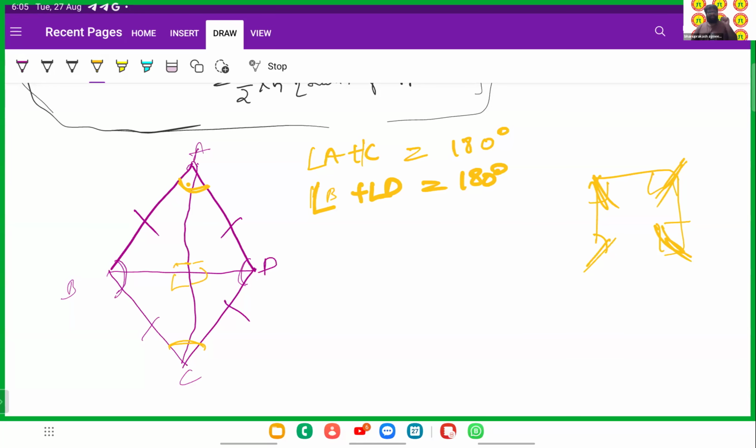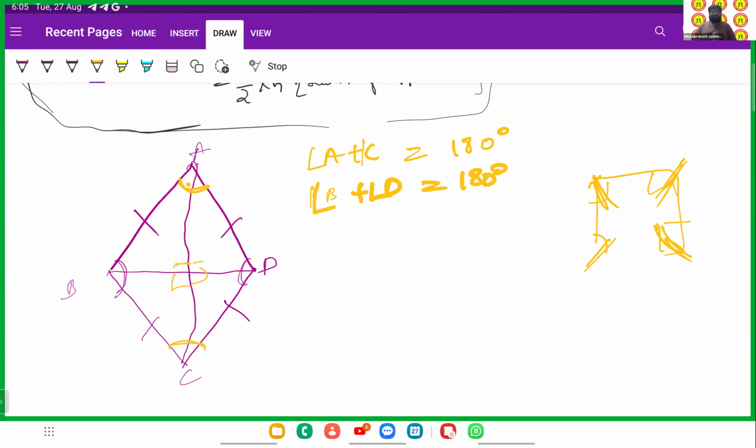or simply you can say this: a four-sided shape where opposite angles are supplementary, four sides are equal, and diagonals perpendicularly bisect each other, then it is called a rhombus. You can write the definition in this way. What is a rhombus?